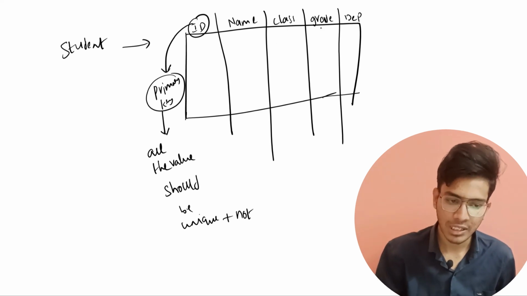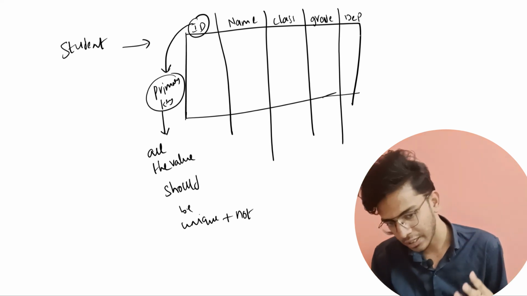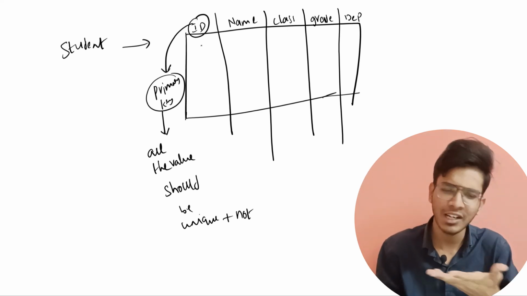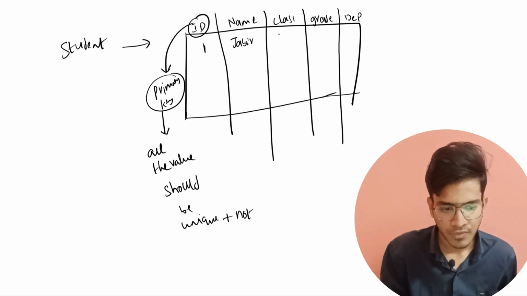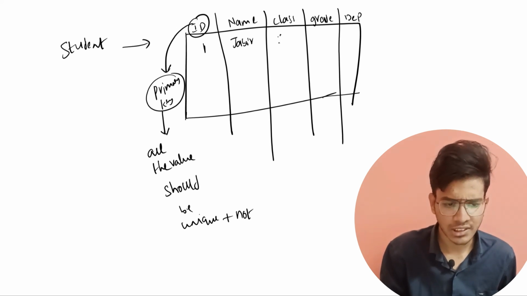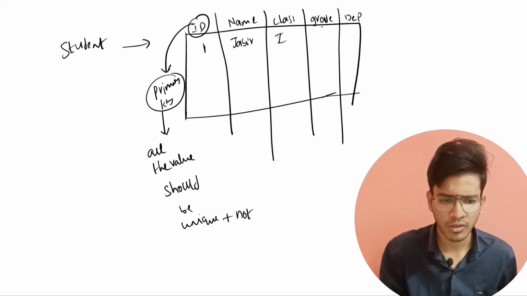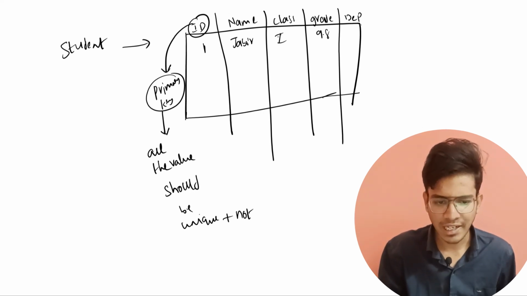After that we will store the name of the students, class, grade, and department, and let me fill in the data points also. Let's say roll number is 1, name is Jabir, class is first year, grade is 9.8, and department is CSE.